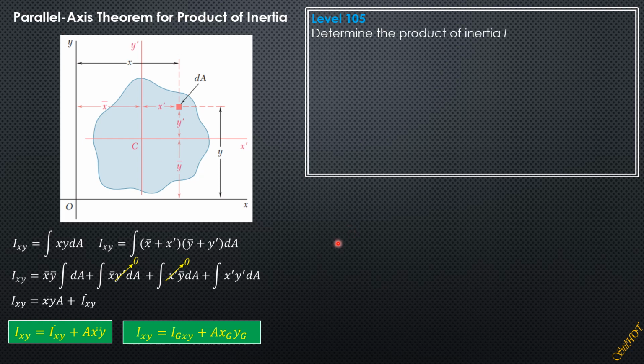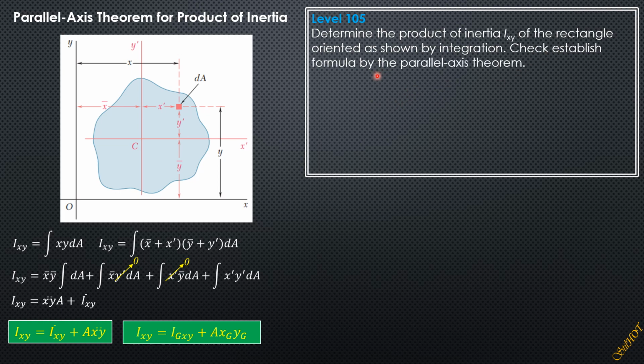So let's have this problem as an application in determining the product of inertia. Find Ixy of the rectangle oriented as shown by integration. Check the established formula by the parallel axis theorem. So if this is the orientation, then we'll have an expression for the product of inertia.